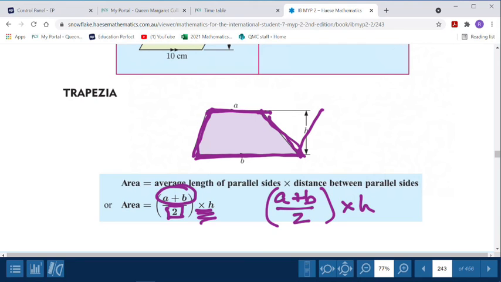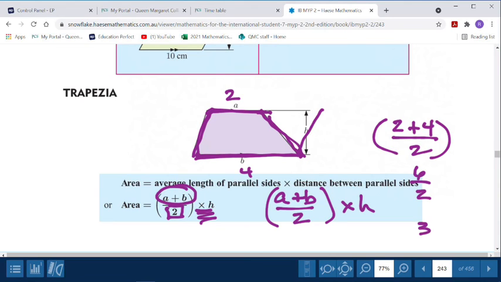Okay? So, say this was 4 and this was 2. I would take 2 plus 4 divided by 2, which is 6 divided by 2 gives me 3, times whatever, let's just pretend that the height here was 1.5. So we just multiply that times 1.5 and get your answer. Okay? So, easy peasy.